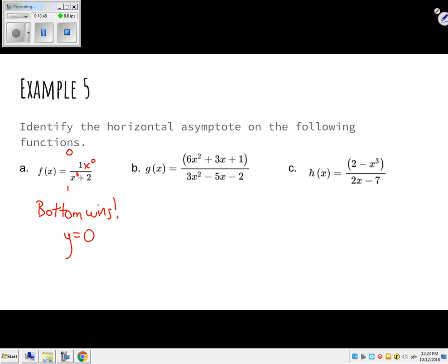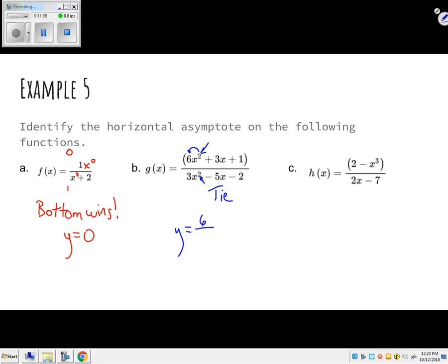All right, part B right here. Oh, we tied. They're both being raised to the second power, the tie. So here's where that ratio of leading coefficients is going to come in. Ratio of leading coefficients. Well, the leading coefficient, the number that's in front of the degree right here, is 6.